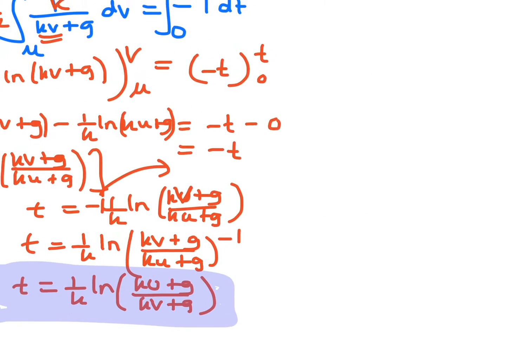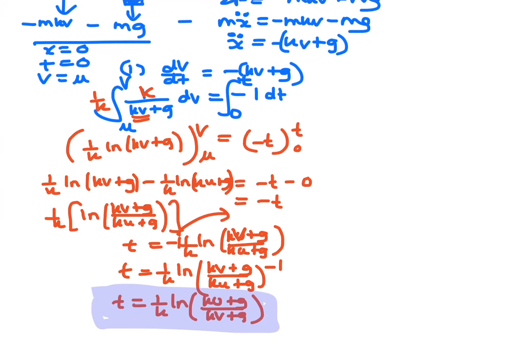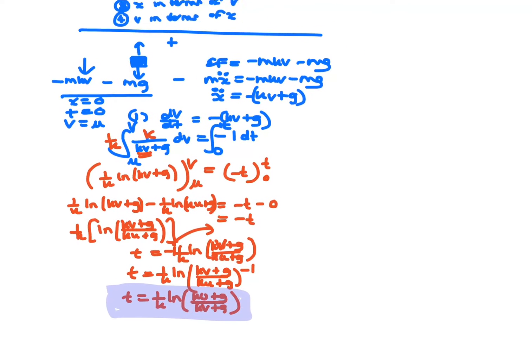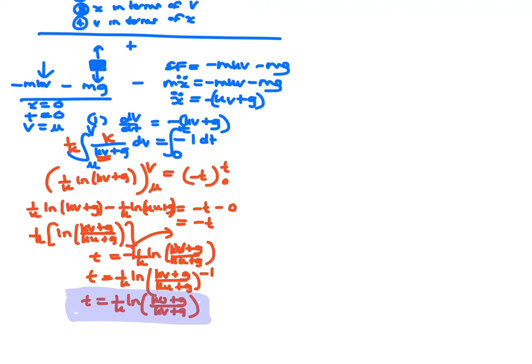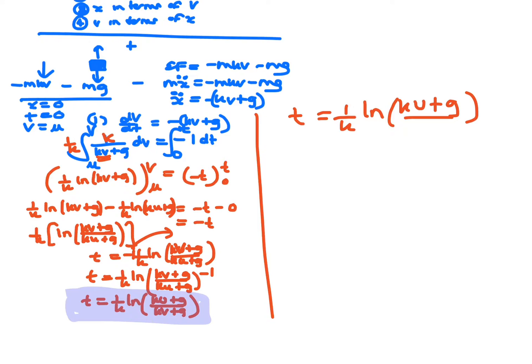So the question is now, can I take the time that is in terms of v, and can I make v in terms of the time? So let's have a look at this. So I've got t is 1 on k ln of (ku plus g) over (kv plus g).